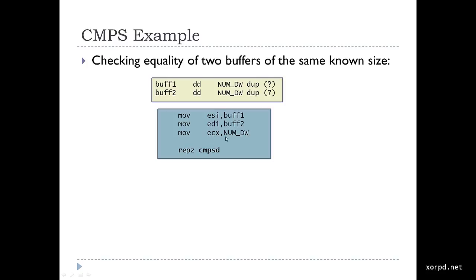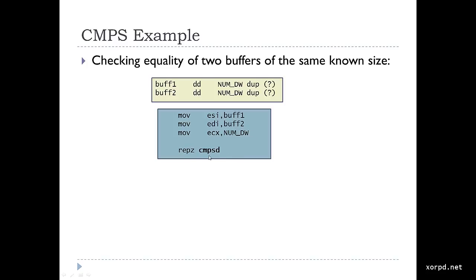We can actually use this number, the number of D words, because here we use the letter D. If instead of compare SD we used compare SB, then we would have to use here num-DW times 4. But because we work with D words, we may count with D words.